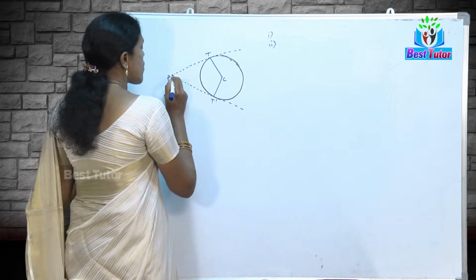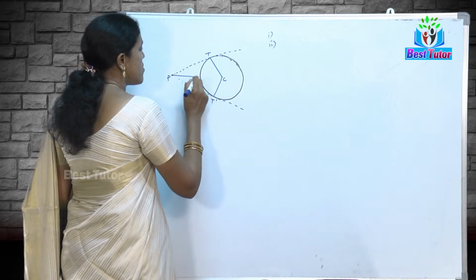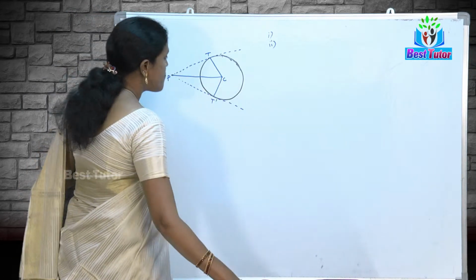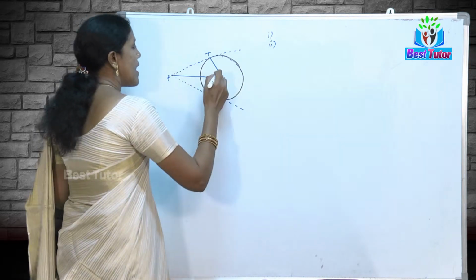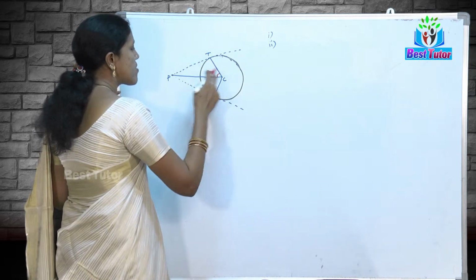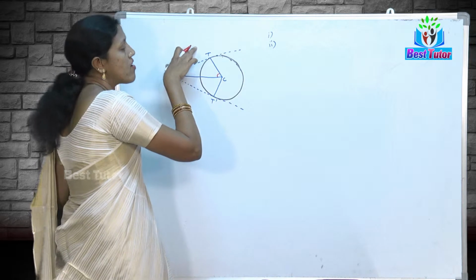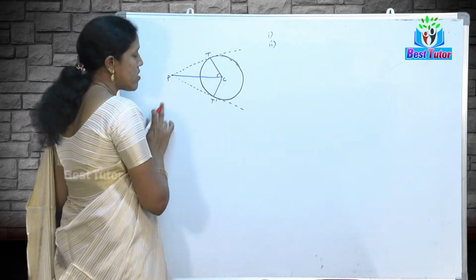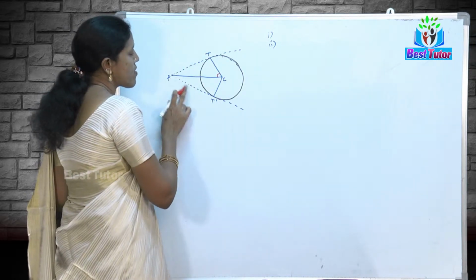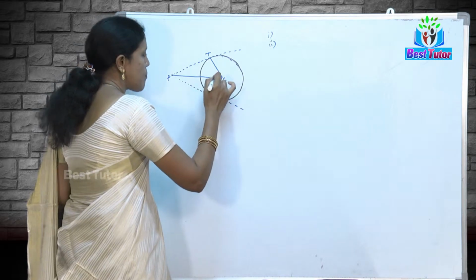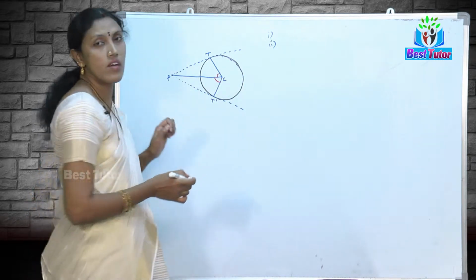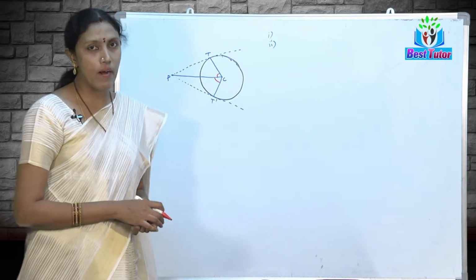I can always join this external point to the center. Then the tangent PT subtends the angle TCP at the center. Similarly, the angle subtended by the tangent PT dash is PCT dash. Those 2 are equal is the second part of the statement.